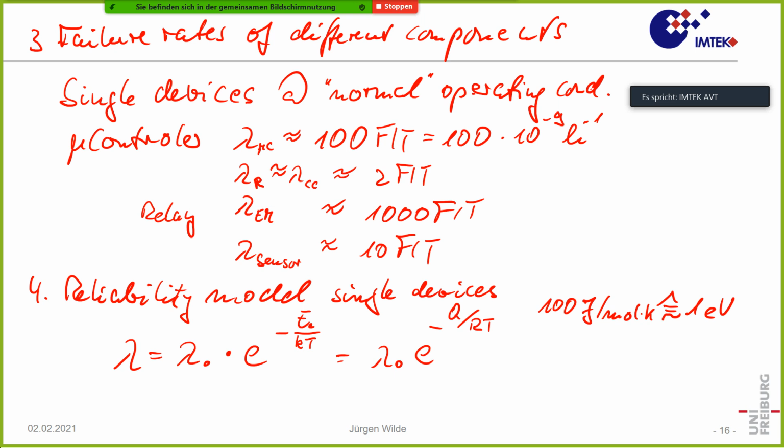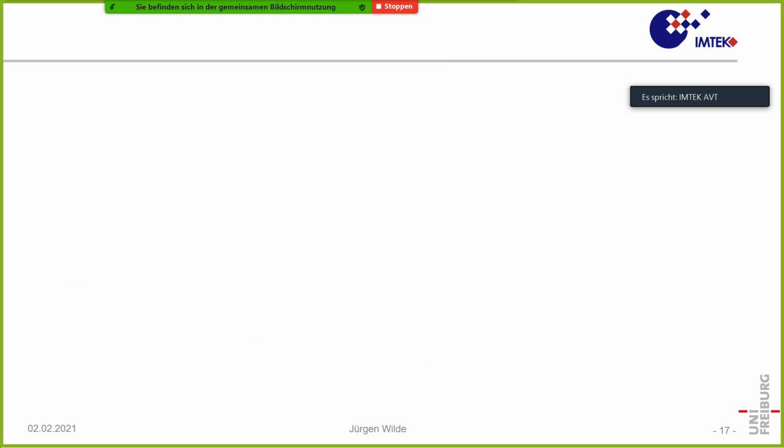That also shows us that in reliability engineering, it is important to have an accurate measurement of temperatures, because temperatures will have a significant effect. That means more or less, for 1 electron volt, if the temperature is changed by 1 degree, roughly the failure rate will be changed by 10%, of course, I wanted to say.